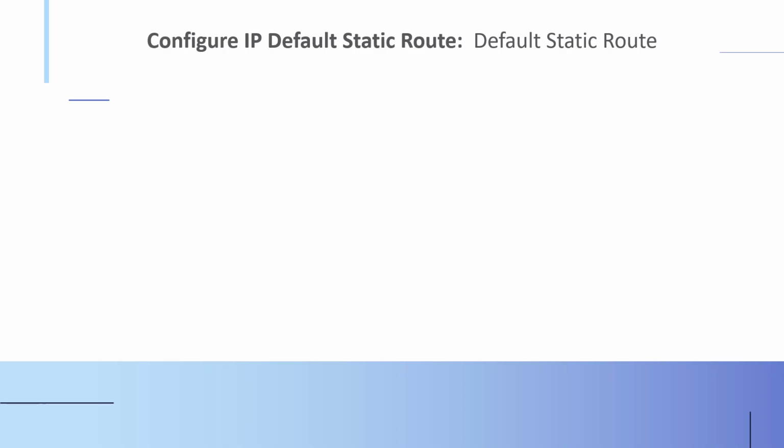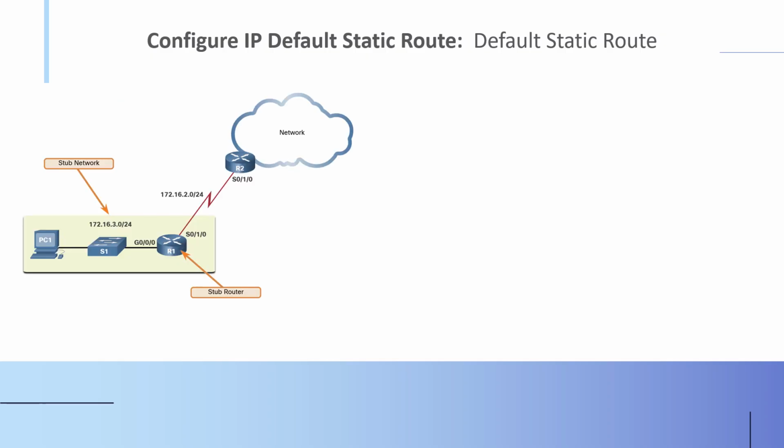Default static routes are commonly used when connecting an edge router to a service provider network or a stub router, which is a router that has only one upstream neighbor router. Here is shown this scenario of the default static route.